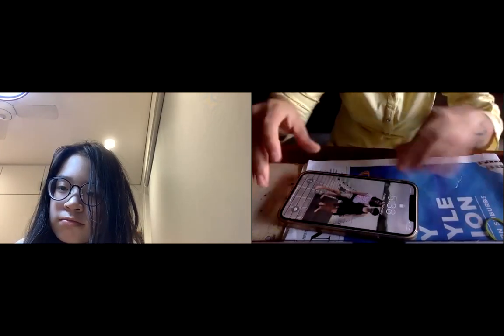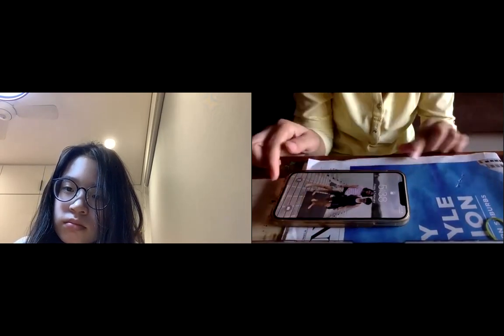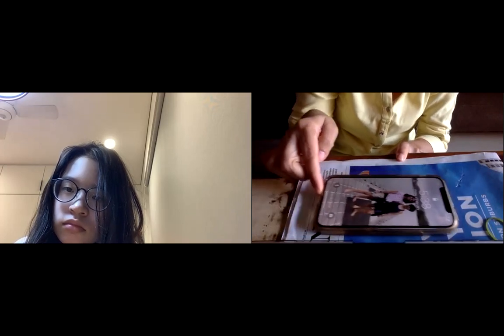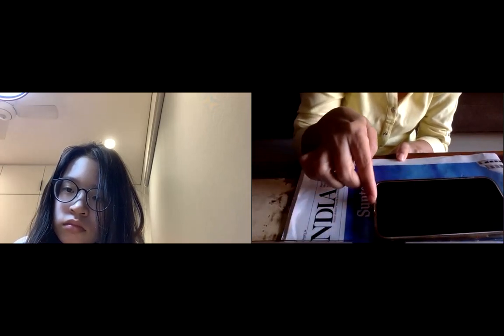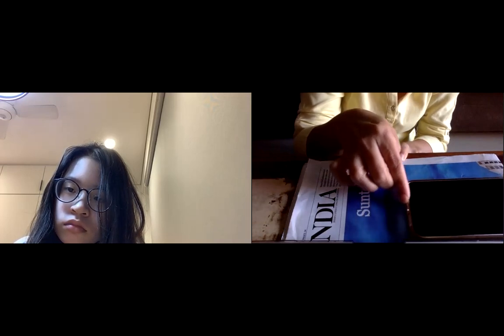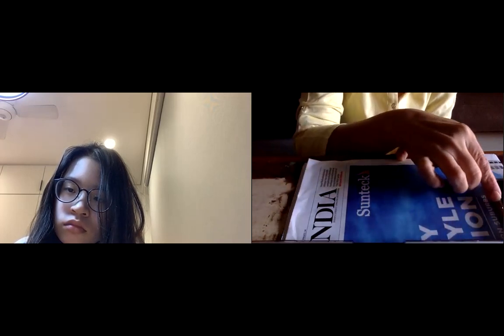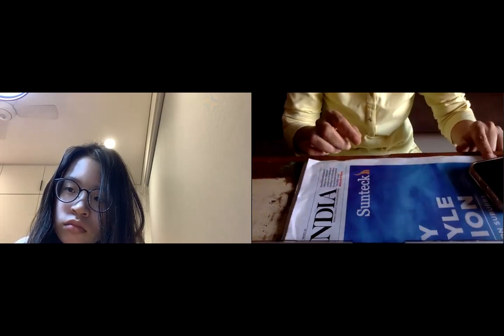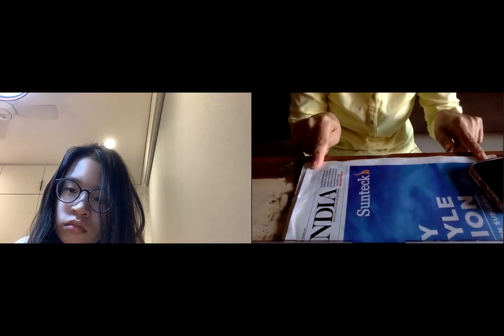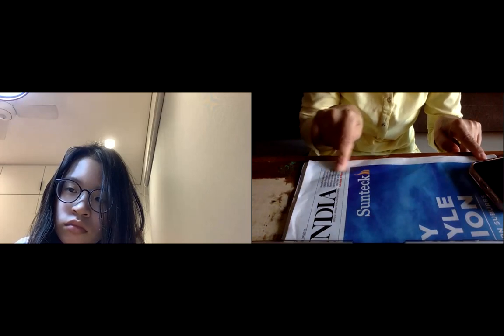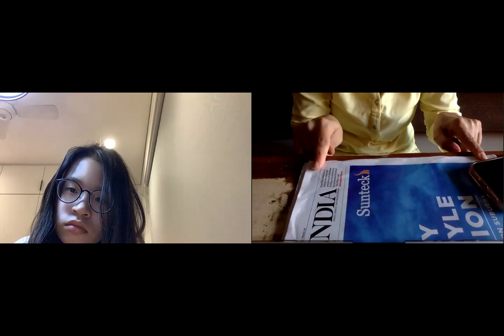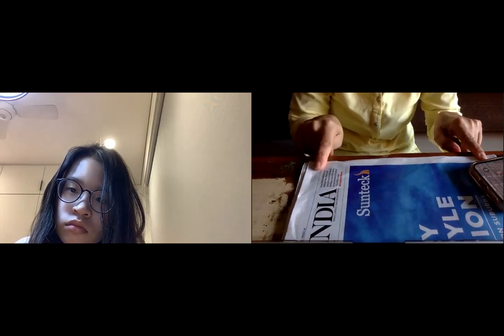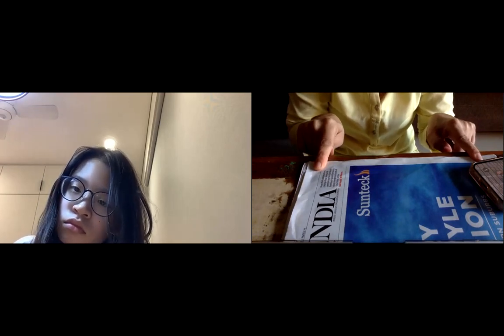The phone was here at this end of the newspaper. Now I am pushing it. It's getting kinetic energy. So work is actually creating kinetic energy for the phone to move. Now the phone's position is the other end of the newspaper. From here to here, the phone moved, which means there was a change in position from this point to this point, and that was the displacement.